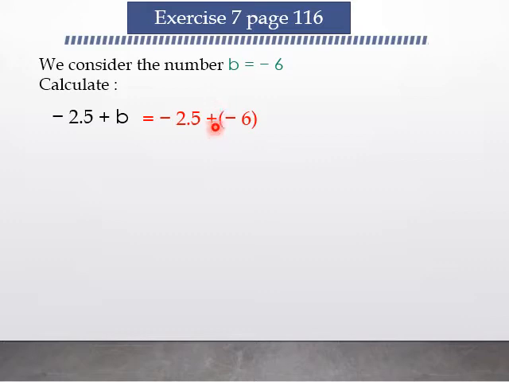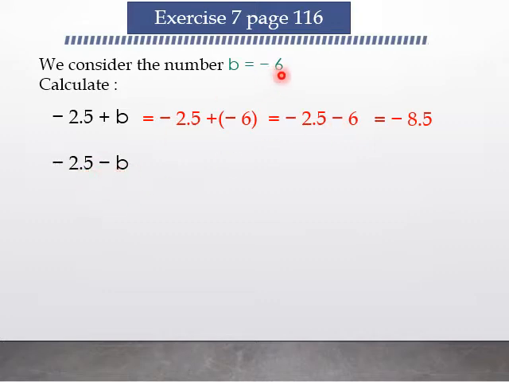Keep in your mind that if I have the same sign multiplied by each other, then the answer should be positive. If, like in this case, we have opposite signs, the result should be negative. So I should write minus 2.5 plus minus 6, it's minus 6. So minus 2.5 minus 6 is minus 8.5. Now minus 2.5 minus b.